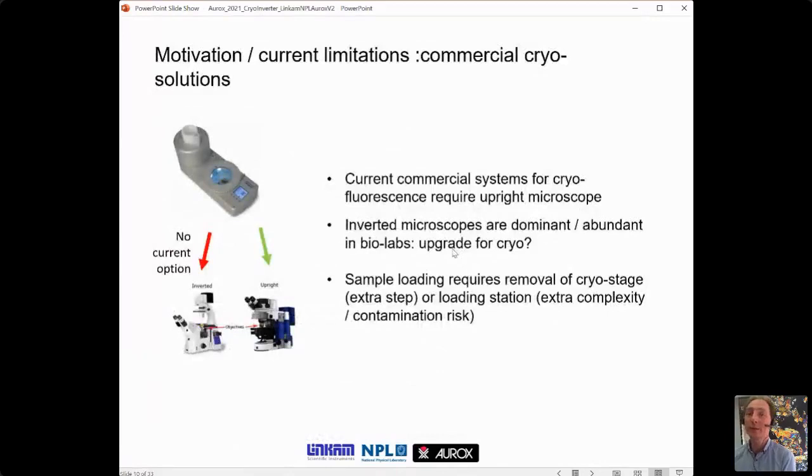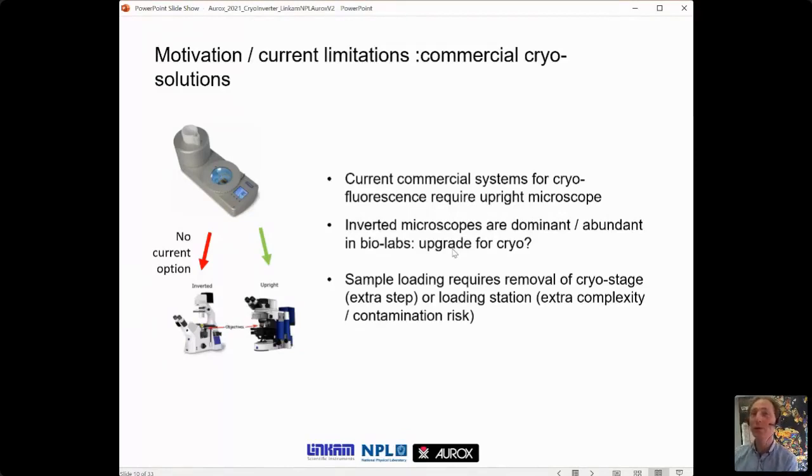So in general, most biological labs will have a dominant variety of inverted microscope systems. However, the standard or most common stage, in this case the Linkam stage, is designed for an upright system.